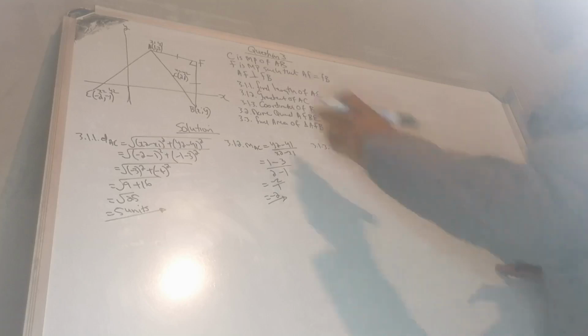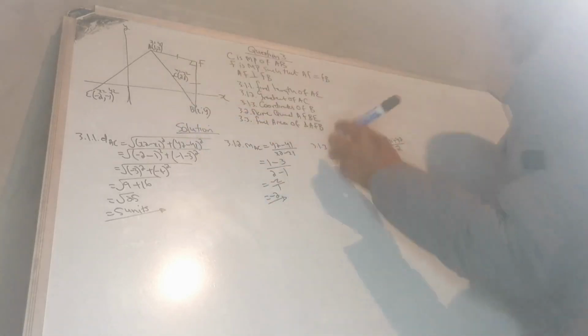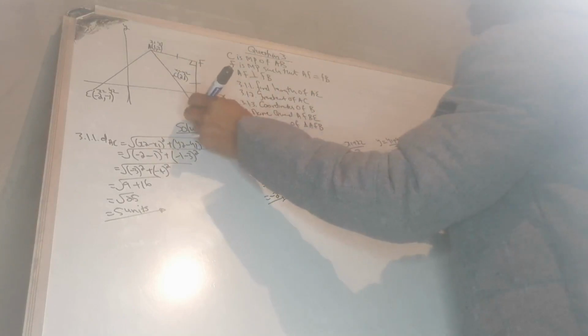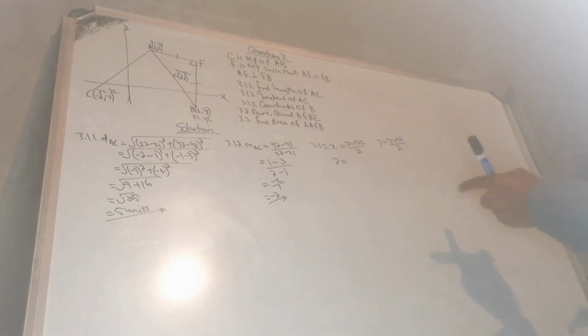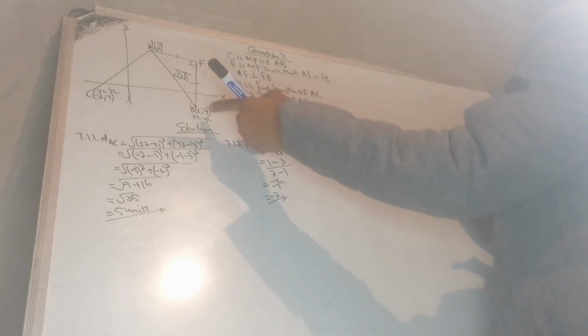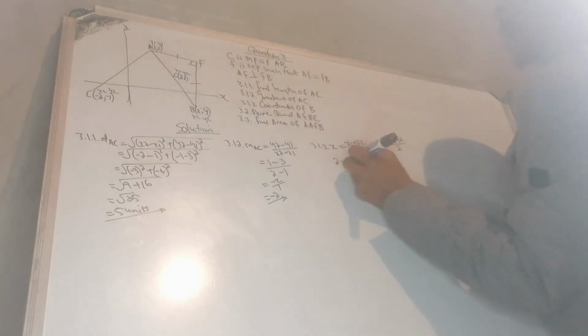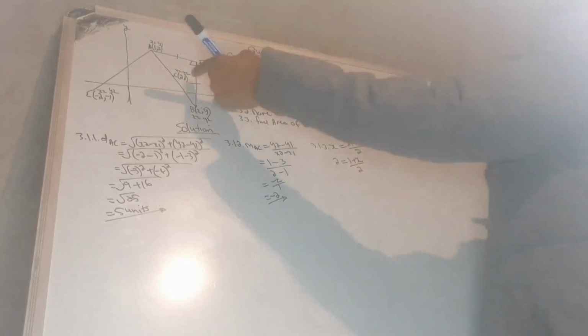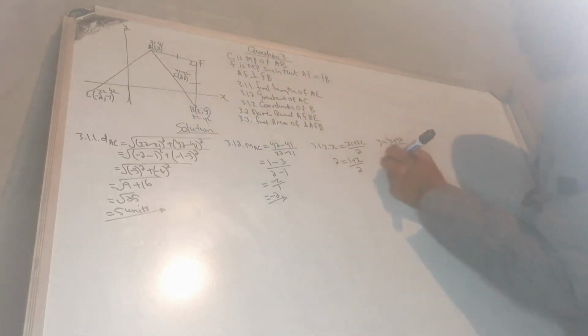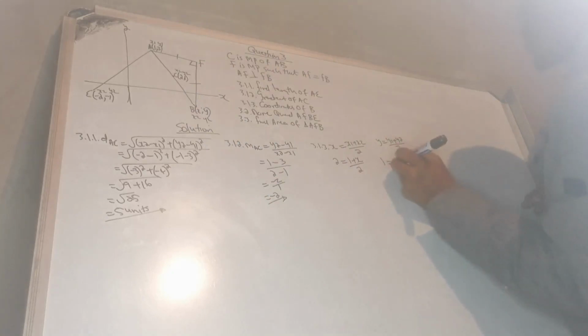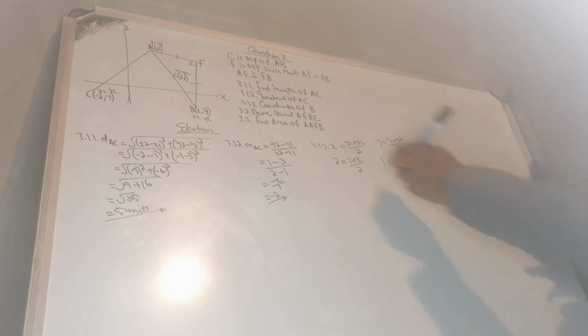Right, midpoint of x, this will be x2, y2, AB. So this will be 1 plus x over 2. Midpoint of y is 1, y1 is 3 plus y over 2.